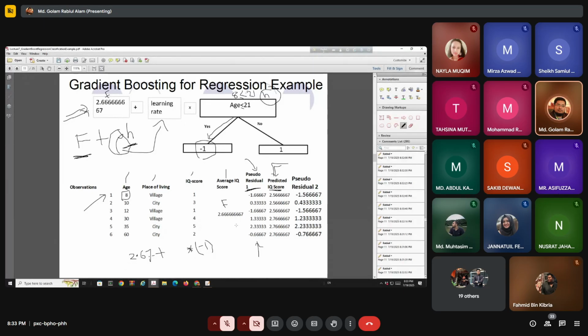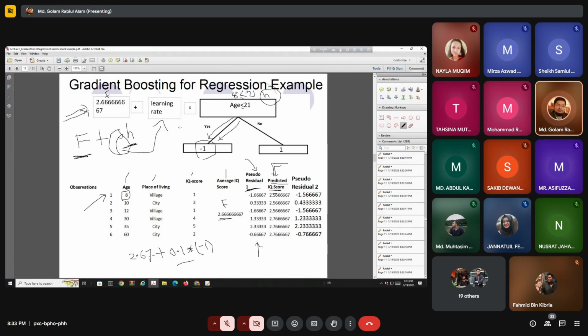The predicted IQ score will be 2.67 plus the learning rate times -1. What we consider the learning rate is 0.1.